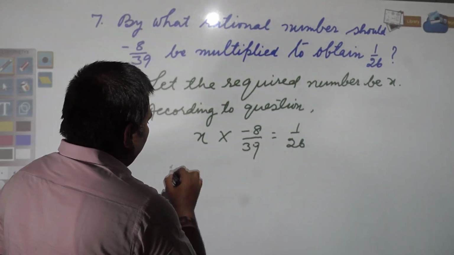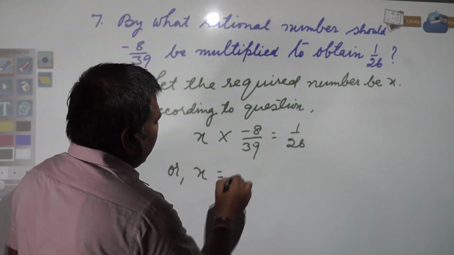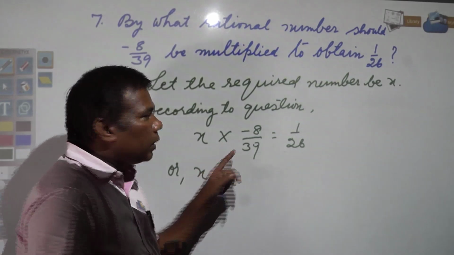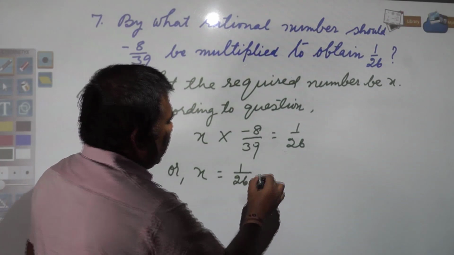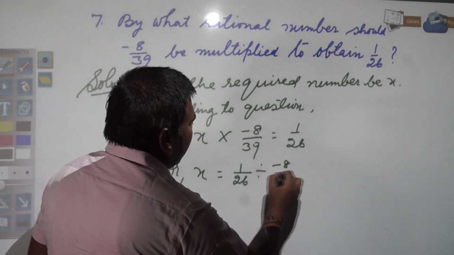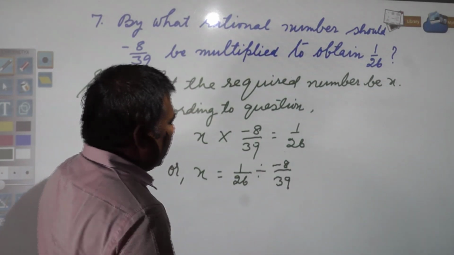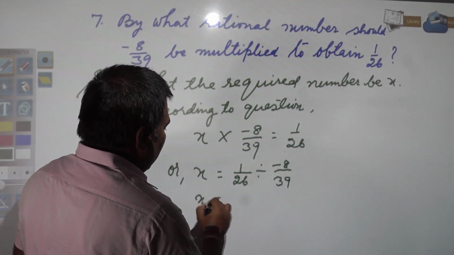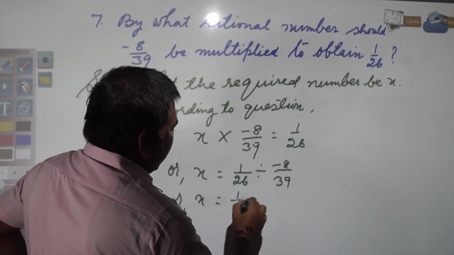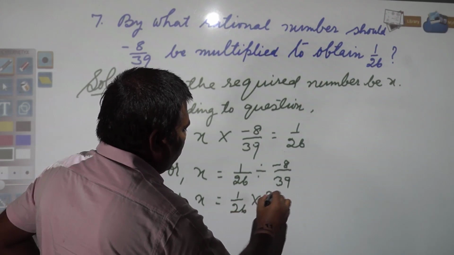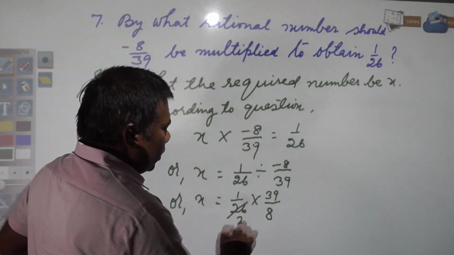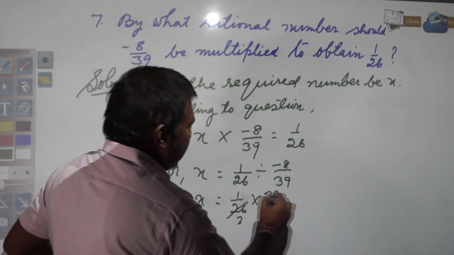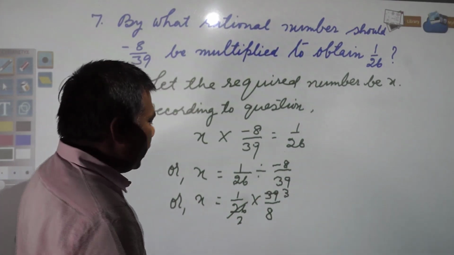How do you simplify? x will be equal to, since this is multiplication, 1 by 26 divided by minus 8 by 39. This you simplify: 1 by 26 into 39 by 8. 13 2s are 26, 13 3s are 39.